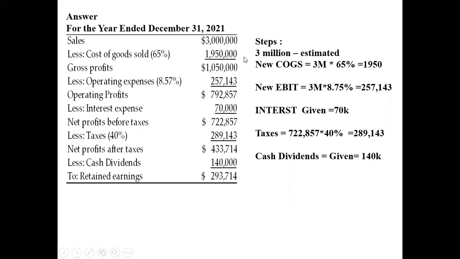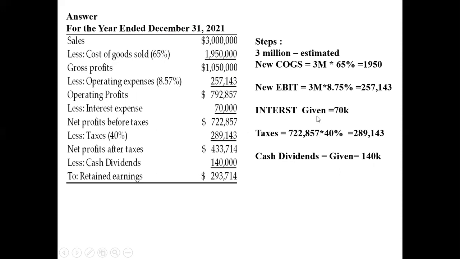So the 1,950,000, how can I calculate it? I took the 3 million times 65%, 1,950,000, and then we go for the operating expenses. How can I get it? So 3 million times 8.57, which will give me 257,143. So this is the operating expenses.